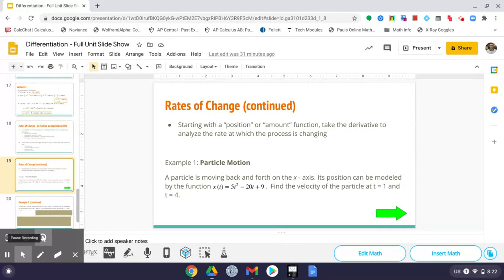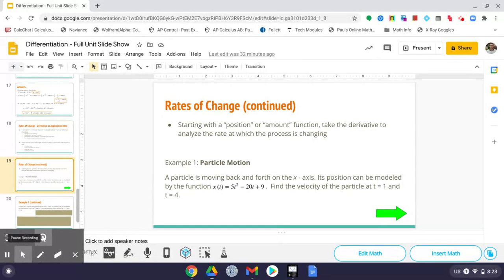Okay. So here is the first example of a particle motion problem. And again, this is a very foundational level particle motion problem because we're only moving in a very strict space and for a very simplistic function based off of what we know in terms of how to take the derivative.